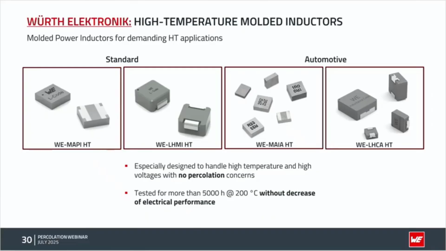Then we can speak about I'm having this kind of application when the connection point has some jumps in voltage and whatever. Then we strongly recommend you to use the high temperature version of the current LHMI or MAPI from us. We tested more than 5,000 hours at 200 degrees without decrease of the electrical performance, to tell you we don't suffer percolation so that you need to concern about it.